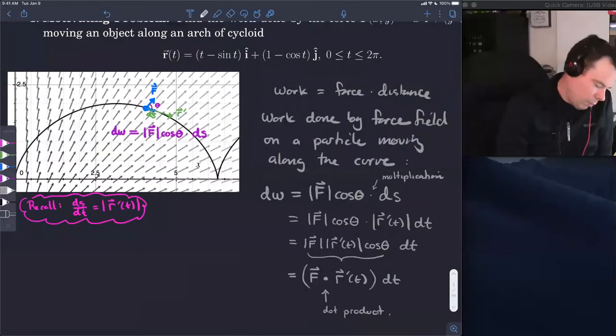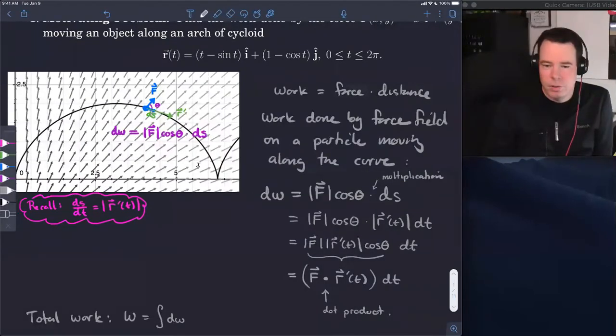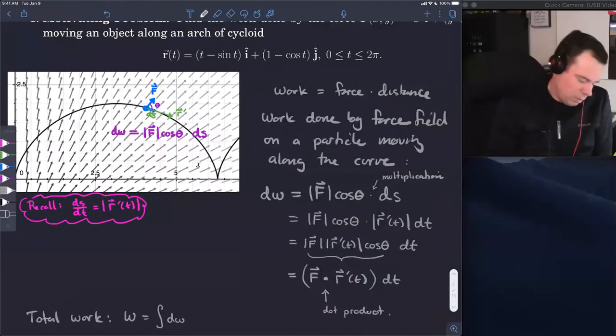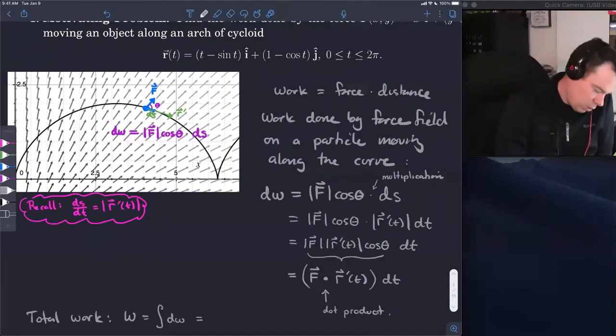And so now what we want to do is work out what is the total work. Well, the total work, let's call it W, would be the integral over all of these little bits of work that are done as you move along the curve. So W is equal to the integral of dW, and we just worked out what dW is. So this is the integral of F dot r prime of t dt.